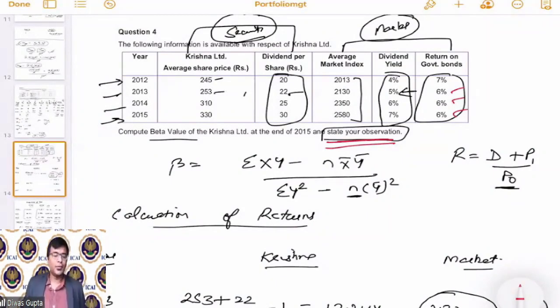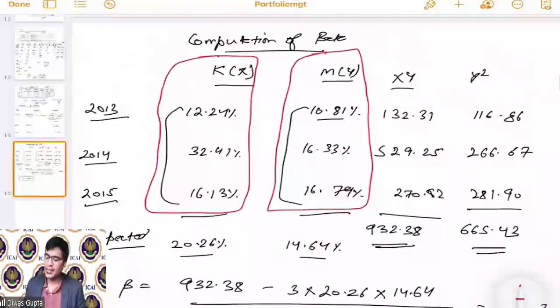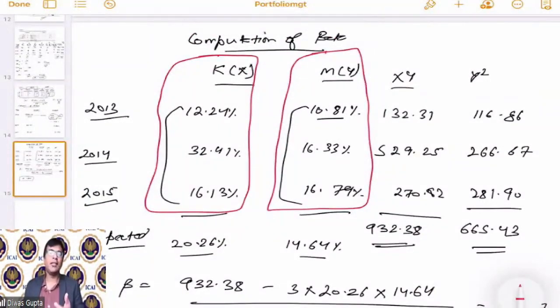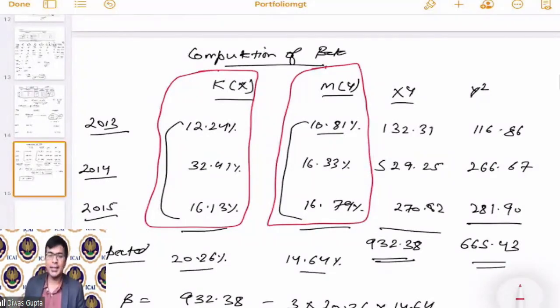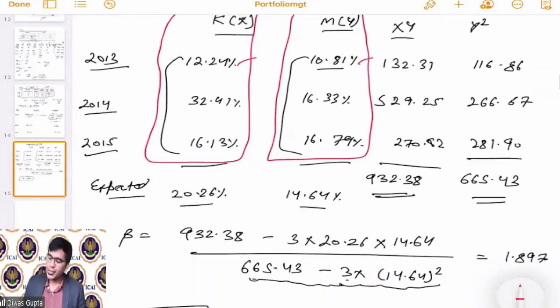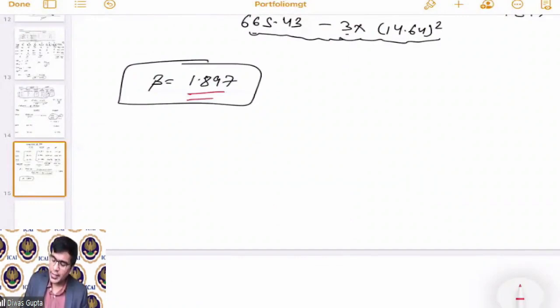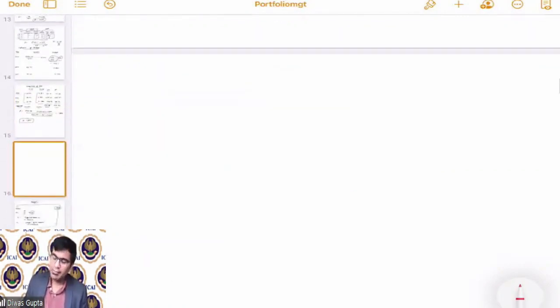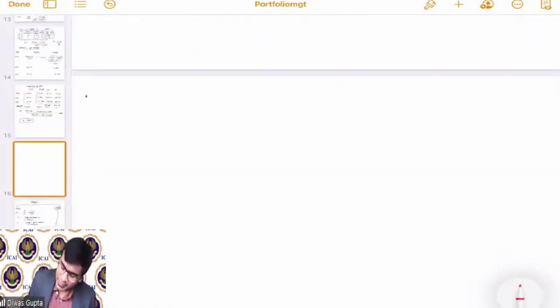What we have to do is first calculate the expected return as per the CAPM. We are given the market returns and the security returns, but this security return is the actual return, correct? And this market return is also the actual return. We have also calculated beta here. So using beta and market return, I'm just solving the second part here.